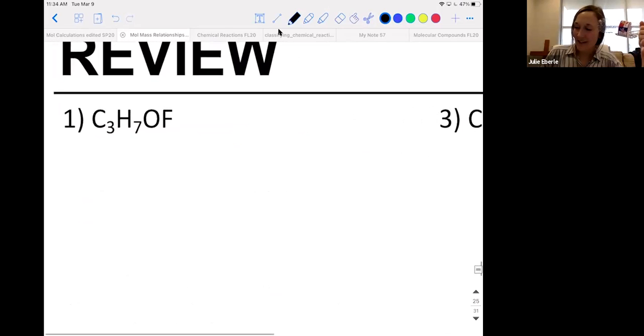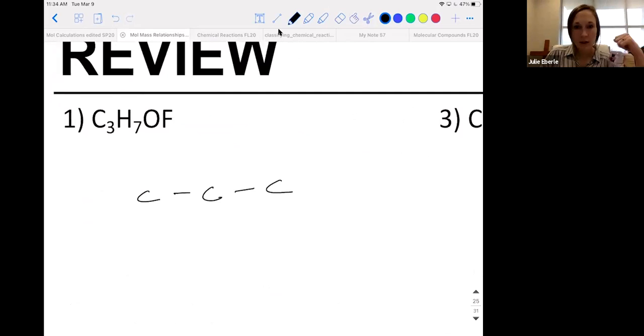Okay, C3H7OF. You've got 3 carbons, and remember those always make good central atoms. So bond your carbons together. Then we've got hydrogen. Usually hydrogens we just throw on our carbons. So start bonding like this, but we need to leave a space.